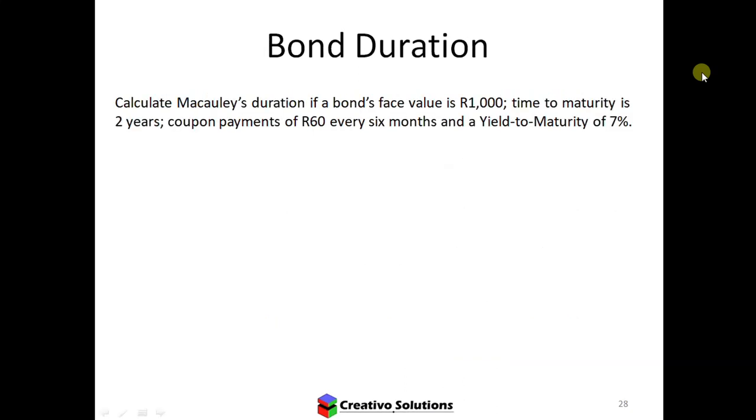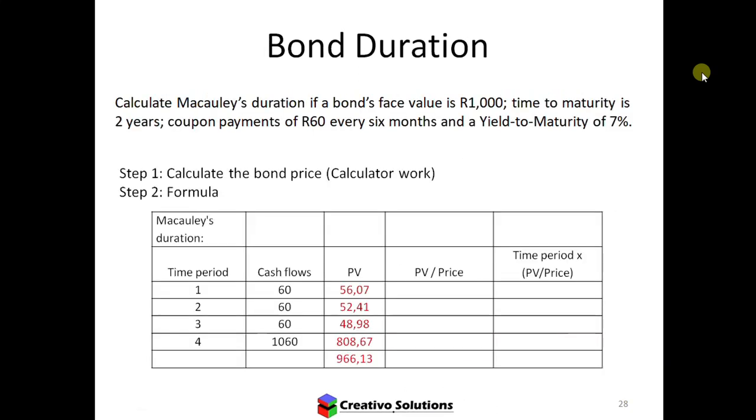Right, so let's have a look at a worked example just to explain what we're going to be doing here. Right, you can use Macaulay's duration to work out that price sensitivity of changes in interest rates and how that will affect certain companies.